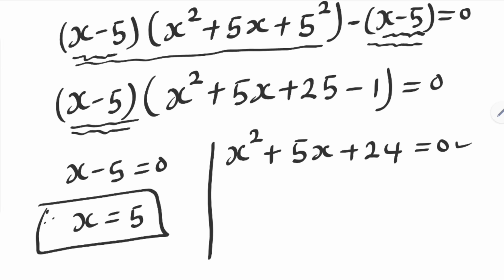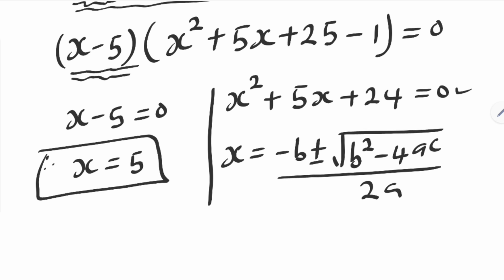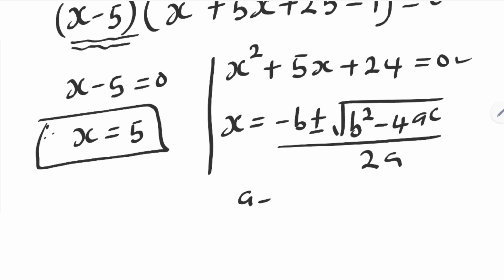This is a quadratic equation which can be solved using the quadratic general formula. The quadratic general formula is given as s is equal to minus b plus or minus square root of b squared minus 4ac over 2a. From this equation, a is equal to 1, b is equal to 5, c is equal to 24.